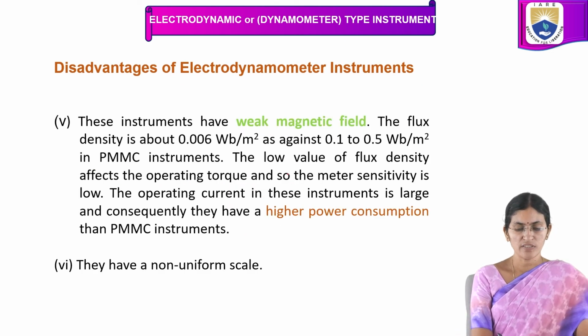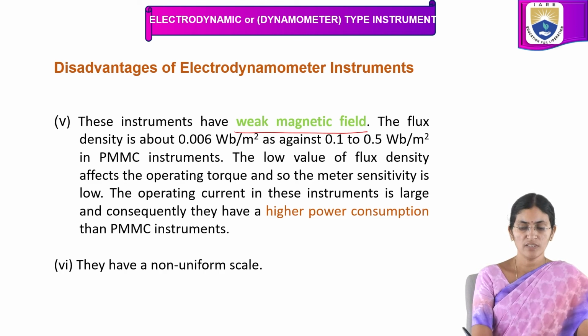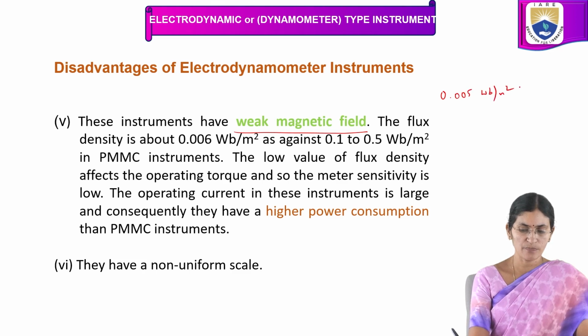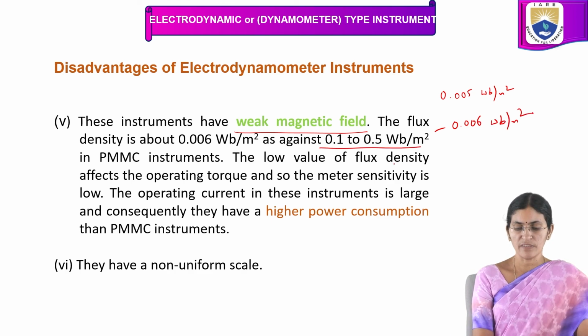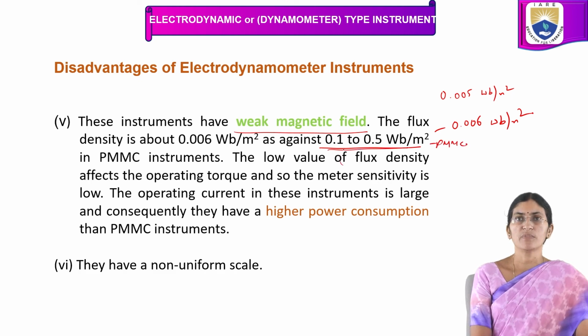Another disadvantage is they have a weak magnetic field. The flux density is about 0.005 Weber per meter square to 0.006 Weber per meter square. So it is very weak as compared to the flux density of PMMC instruments.